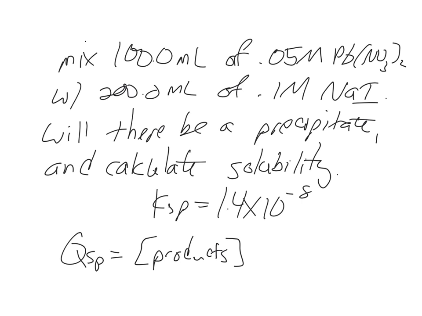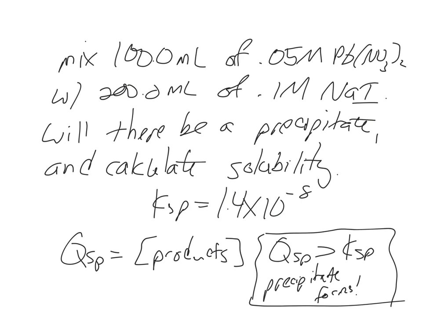And if that number is low enough, we're just not going to have very many products. Q will be low, and if Q is low, then we can say there will not be a precipitate. However, we must ask ourselves: low with reference to what? Well, low with reference to K. So what we need to understand is that if Q is greater than K, then the precipitate will form.